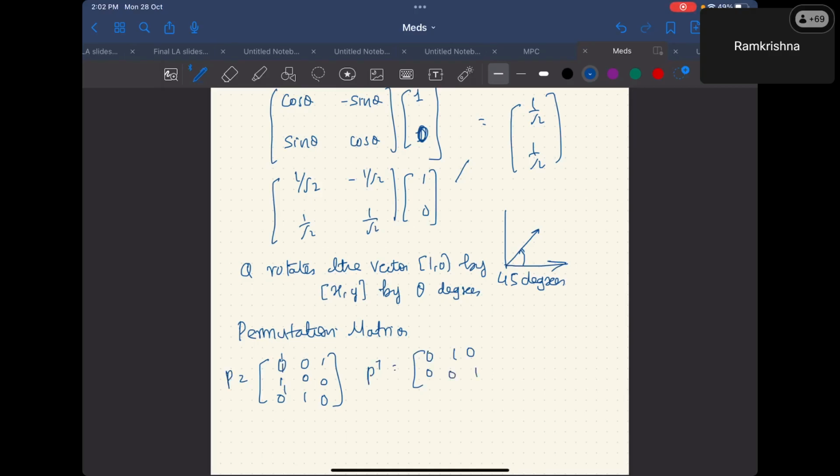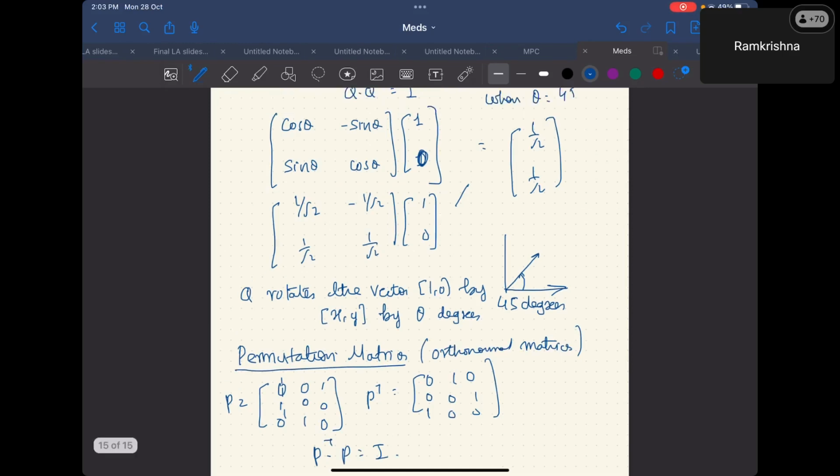I can check quickly that P transpose times P is the identity. That is easy to check, and we have already worked with that.